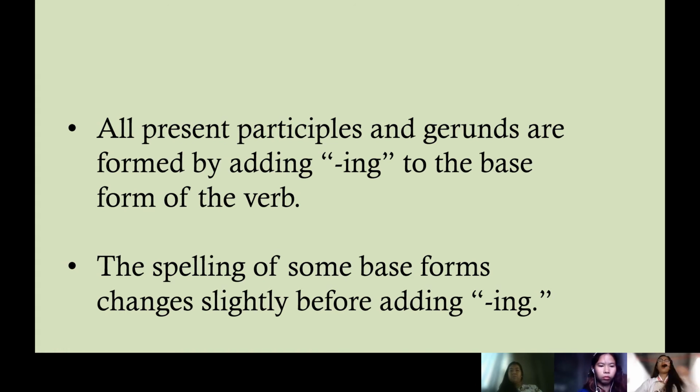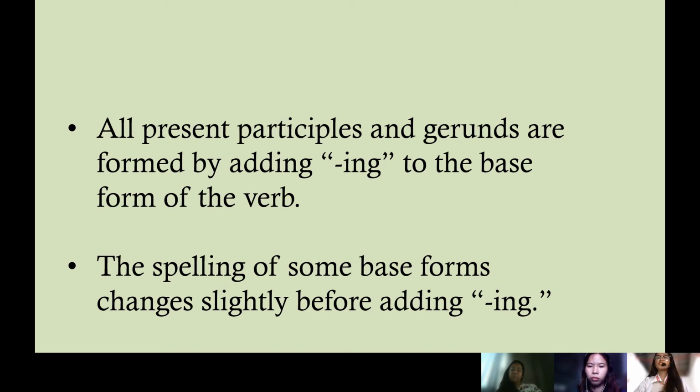First, all present participles and gerunds are formed by adding the ing to the base form of the verb. So again, we have verb plus the ing suffix. So we call it present participles and gerunds.